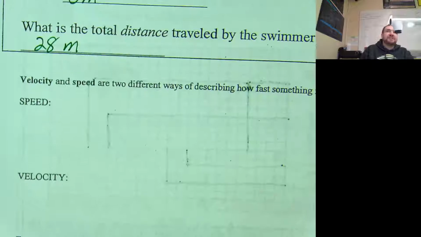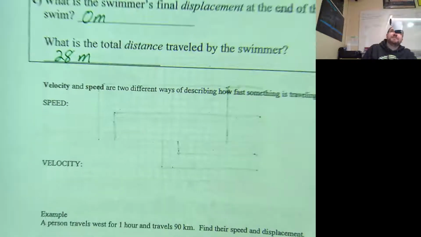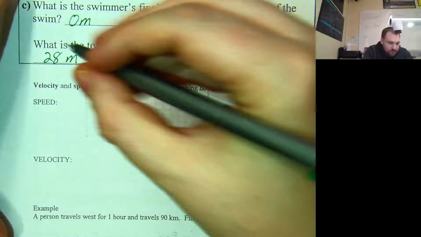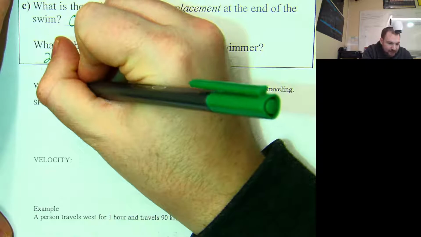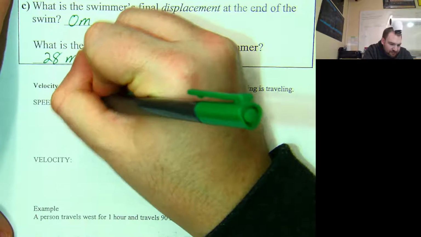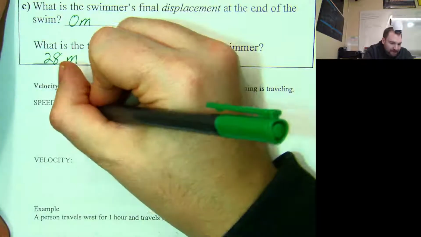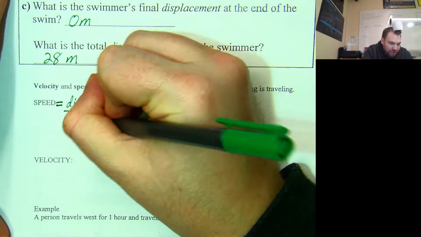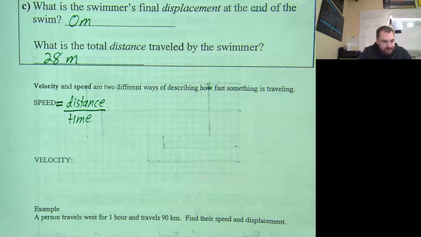Okay, so this is going to connect to concepts of velocity and speed. Velocity and speed are two different ways of describing how fast something's traveling. Speed is equal to your distance, the length of the path you traveled, divided by time. How long it took you to travel that path.